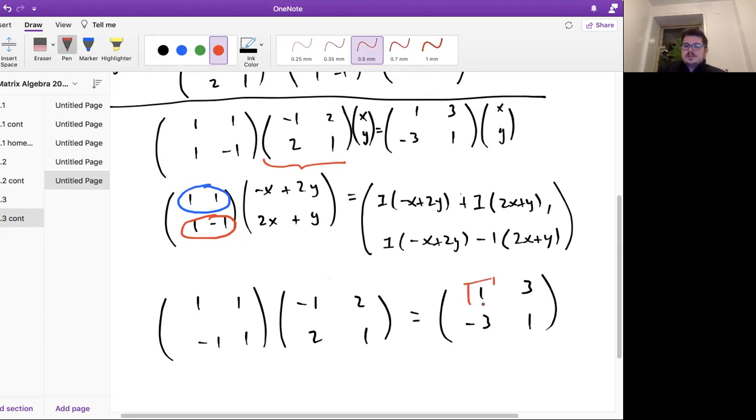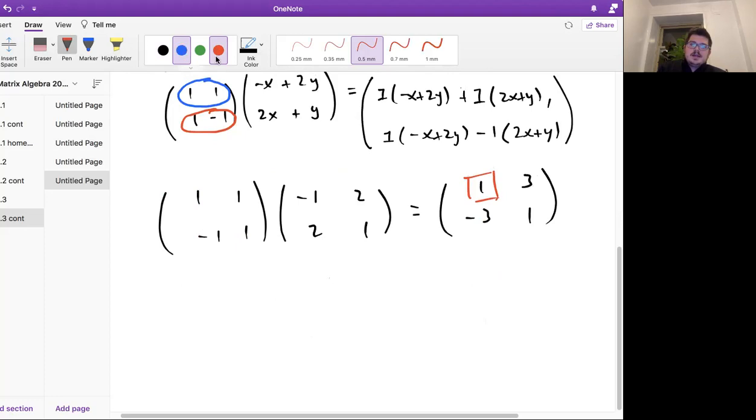This entry is the coefficient of x in the first coordinate of the composition.